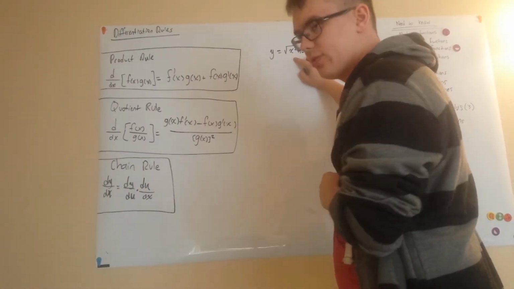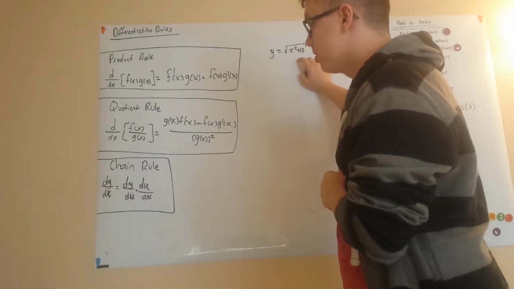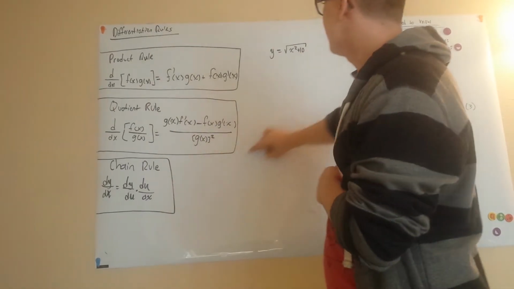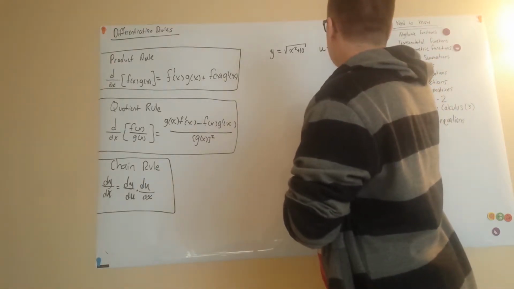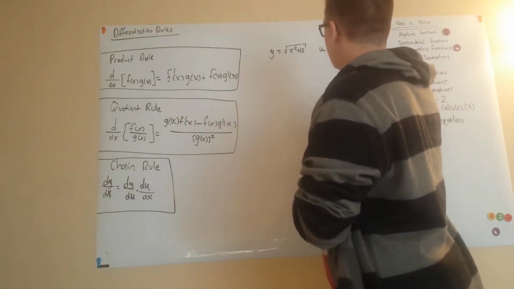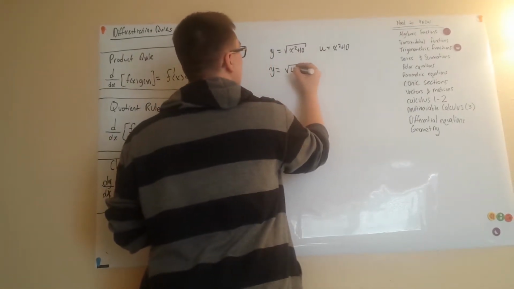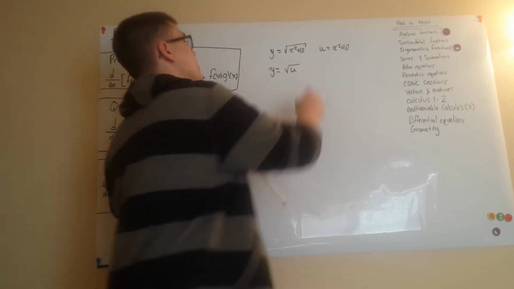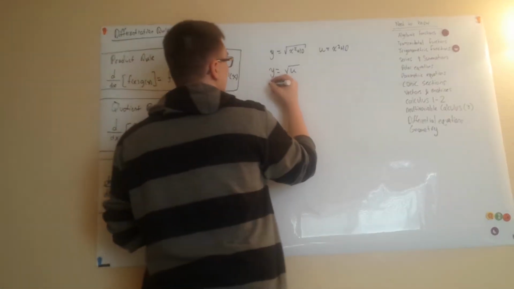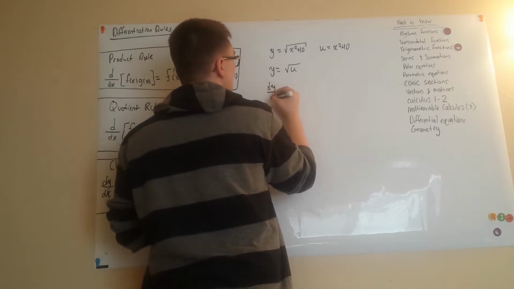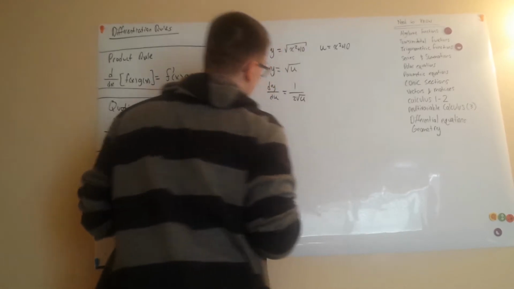We don't know how to differentiate this. It's a function inside another one. We have to use the chain rule for this one. Let's let u equal x squared plus 10. So now y equals the square root of u, because we substituted u for x squared plus 10. Now dy/du equals 1 over 2 root u.